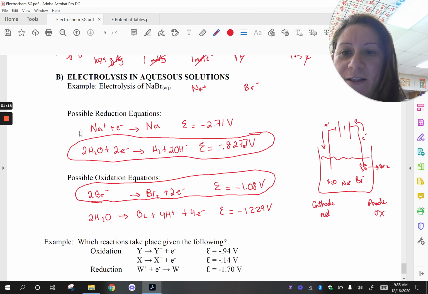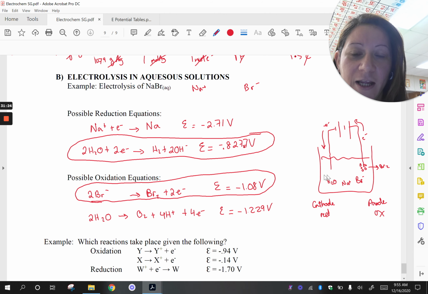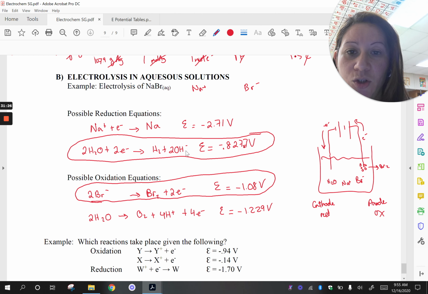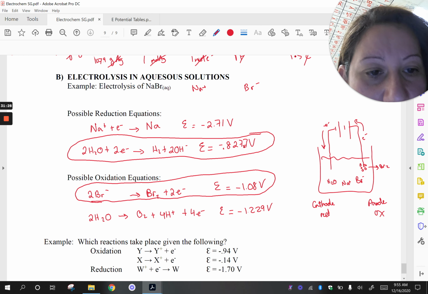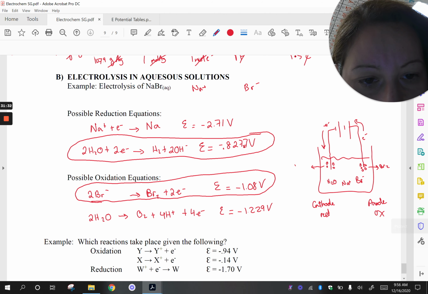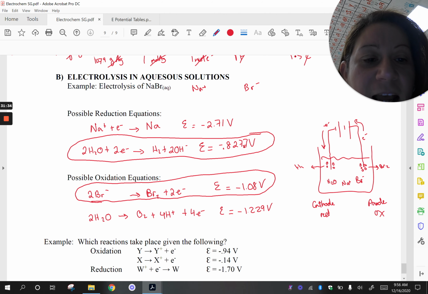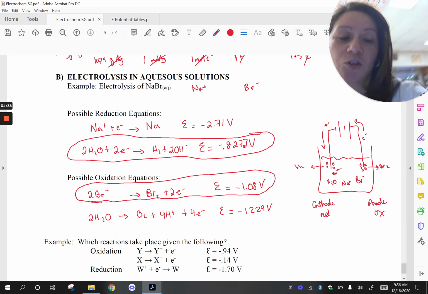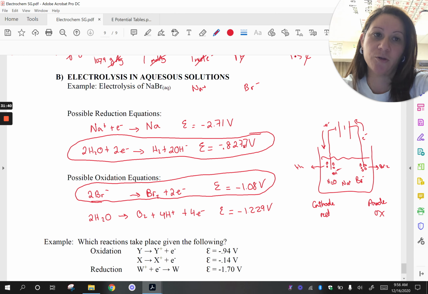And at the cathode, the water is going to meet up with the electrons from the wire, and it's going to turn into H2 and OH minus. So you'll see bubbles here that are H2 gas, and you're also going to be producing OH minus, which is basic. So your solution will actually turn basic as well.